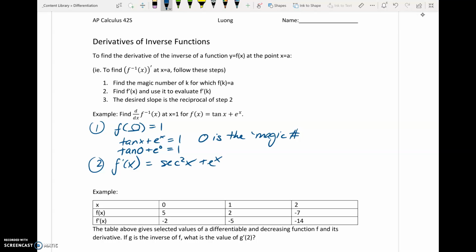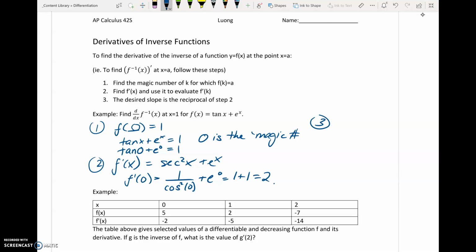Now we're going to evaluate it at 0. So f prime of 0 is 1 over cos squared of 0, plus e to the 0, because we don't really want to evaluate secant. This is 1 plus 1, which equals 2.